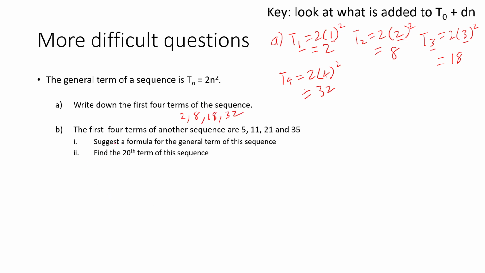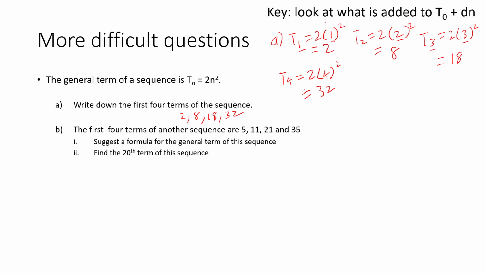The first 4 terms of another sequence are 5, 11, 21, and 35. Suggest a formula for the general term of this sequence. So you can see that 5, 11, 21, and 35 actually do not have any common difference. So you are kind of stuck as to what to do.